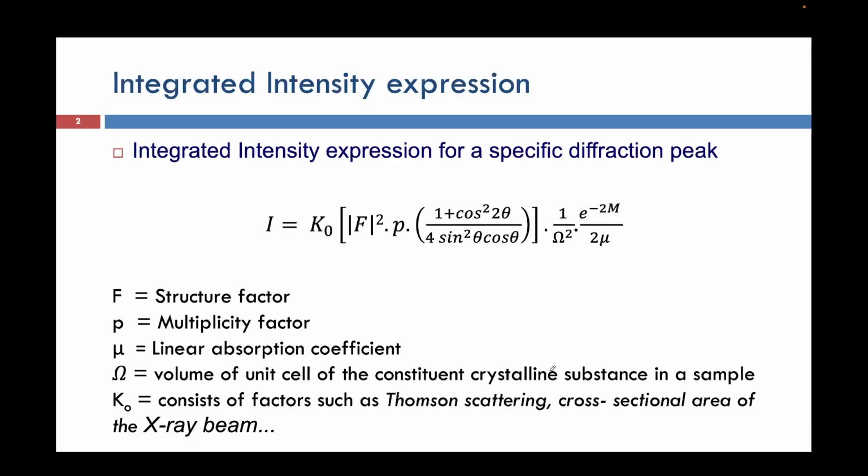We got to know that in BCC only those planes will appear when h plus k plus l, that means the Miller indices of a plane, is an even number, then those planes will be reflecting in our diffraction pattern. And when h plus k plus l is not an even number, that means an odd number, then that plane will not be appearing in reflection.